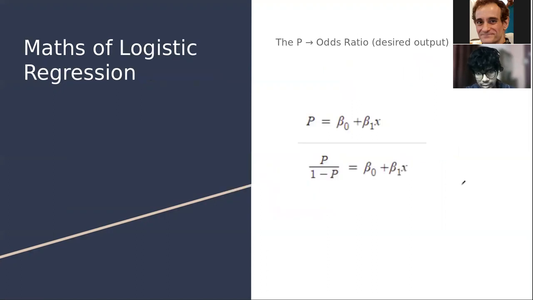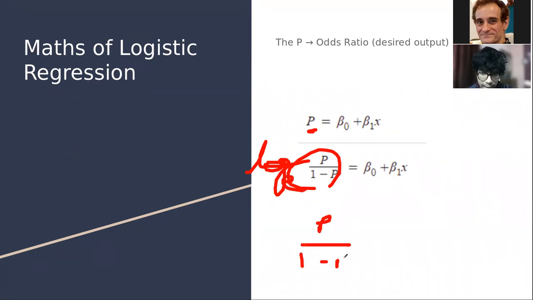So let's try to understand how we get to the desired output. Here P is not the probability, but rather we describe P as the odds ratio, or rather, to obtain the formula, we describe it as the log of the odds ratio. If you do the log of the odds ratio at base e, then P by 1 minus P equals e to the power beta naught plus beta 1x, removing the log.